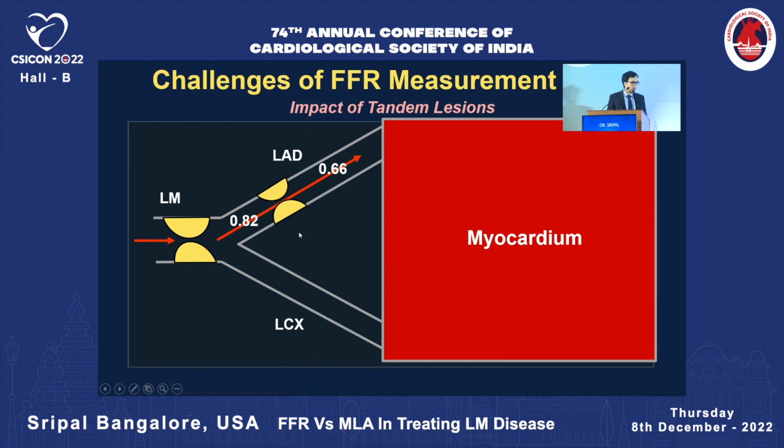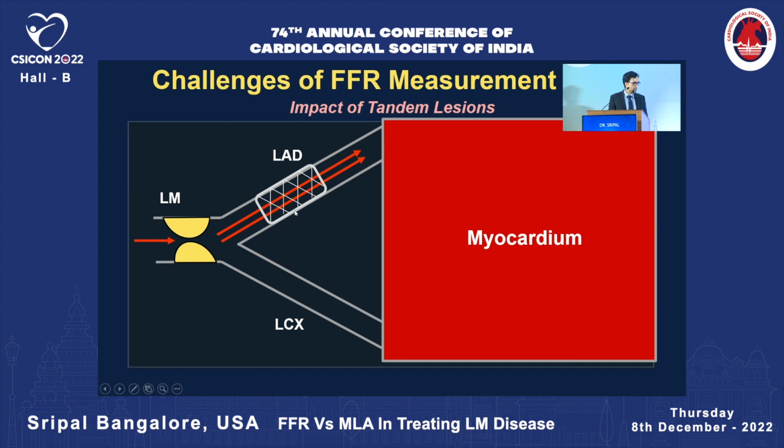We have to be very careful with this because a number of in vitro and also human studies have clearly shown that the impact of these tandem lesions is difficult to predict. The only way to ensure that you're getting an accurate measurement is to treat the most severe or the most distal lesion first and remeasure FFR.